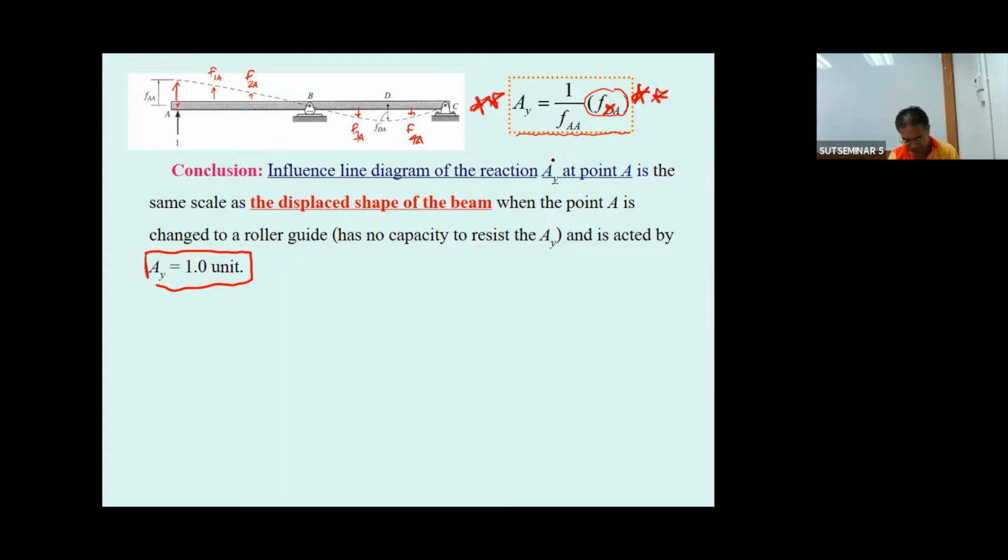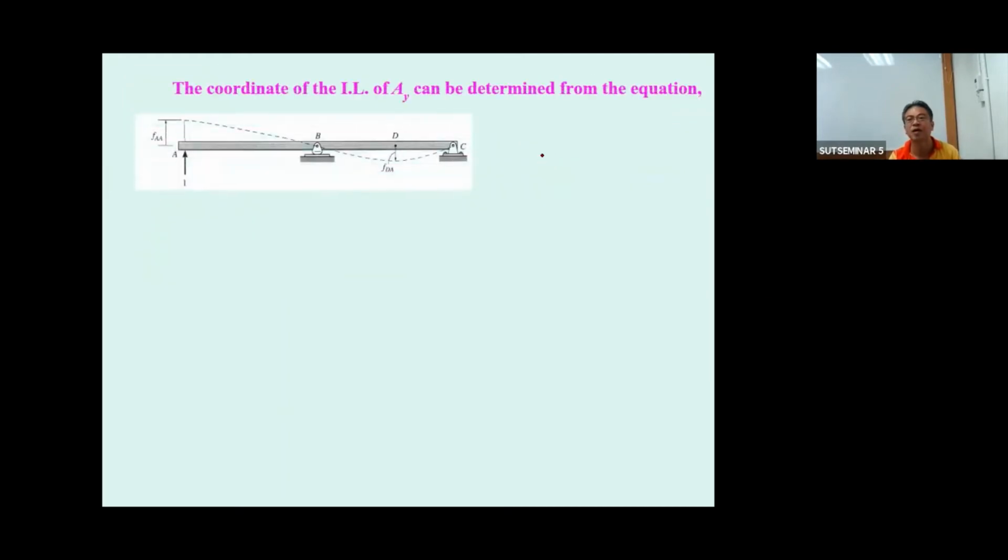You get the coordinates of the influence line. Okay, so the first step, if you would like to determine the coordinates of the influence line of A sub y, take the resistance of A sub y out and put the force A sub y equal to 1.